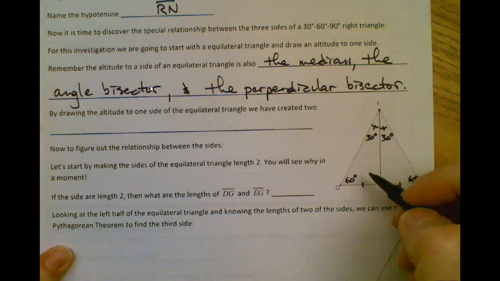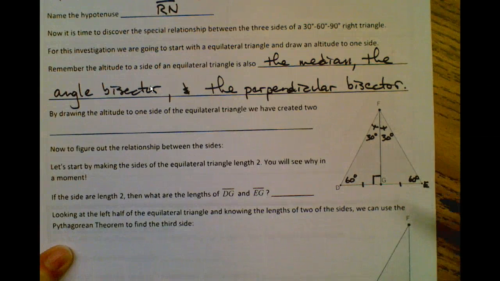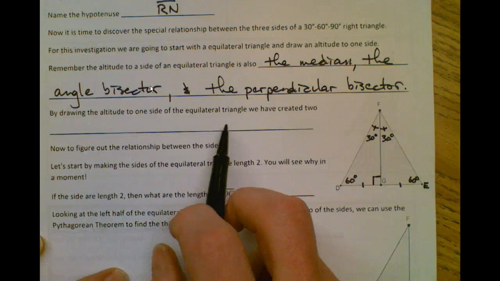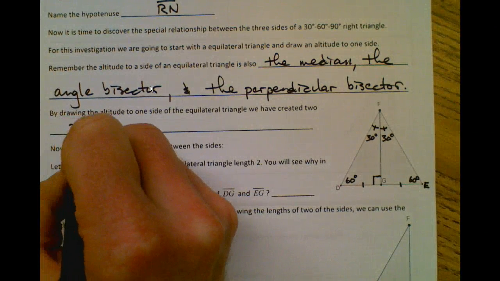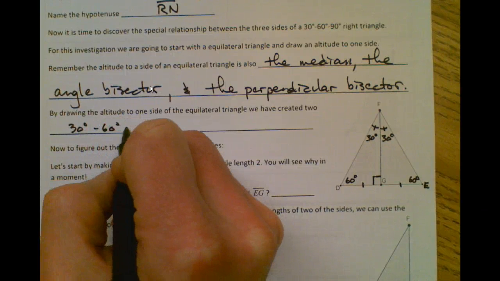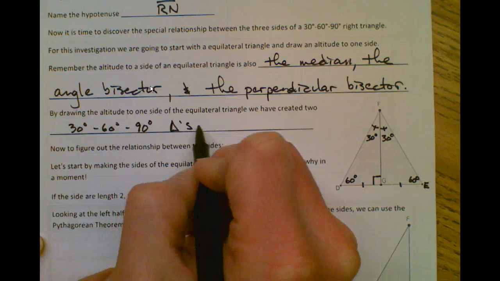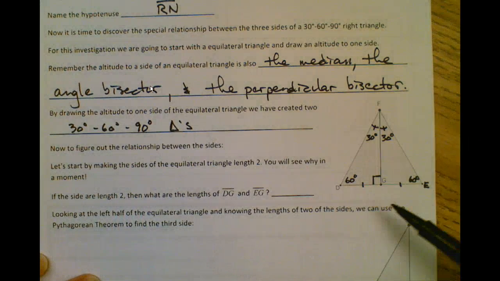And since this is an altitude, I know that we're going to have two right angles down at the bottom. We'll mark one over there. Alright, so by drawing the altitude to one side of the equilateral triangle, we have created two 30, 60, 90 triangles. Okay, so let's see if we can figure out the relationship between the sides.